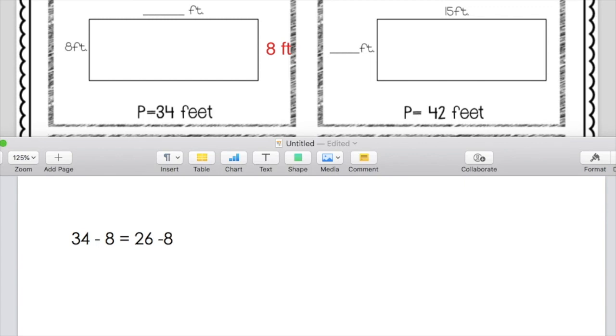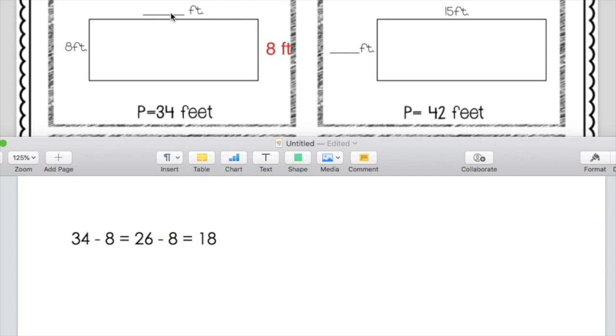Minus 8, and we are left with 26 minus 8 should give us 18. So now that we know that this length here and this length is 18.